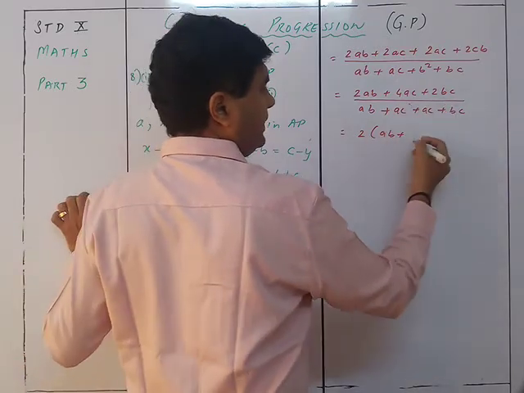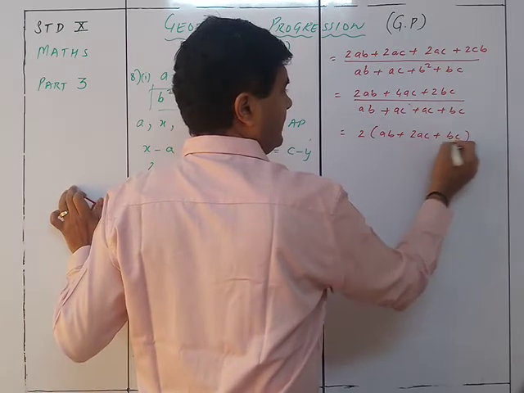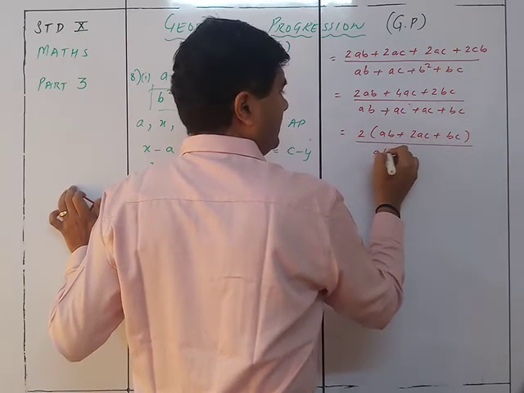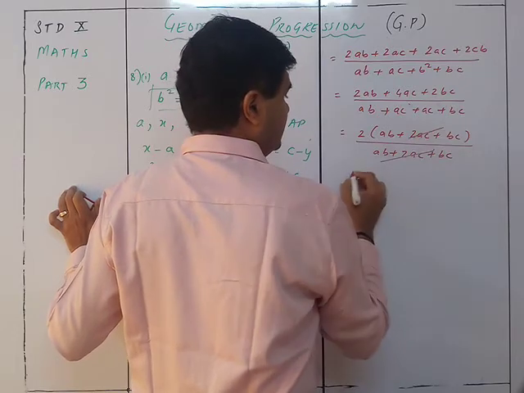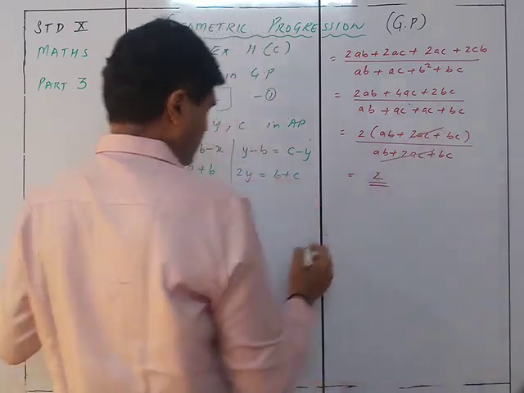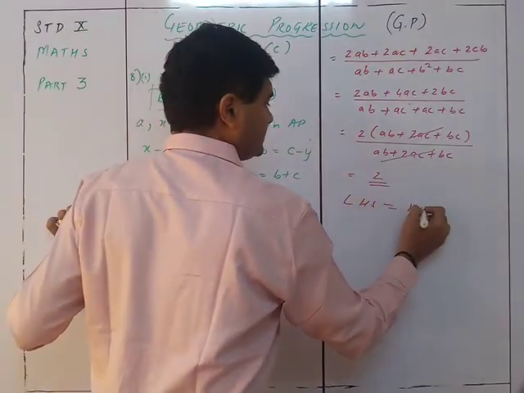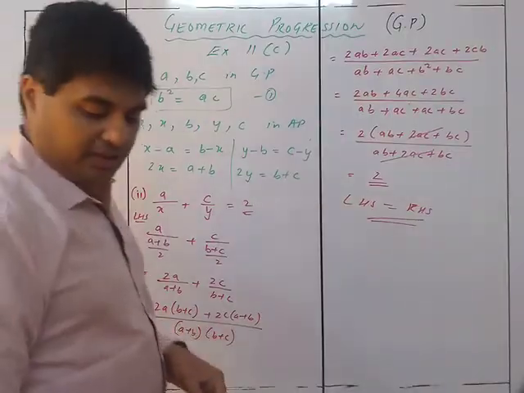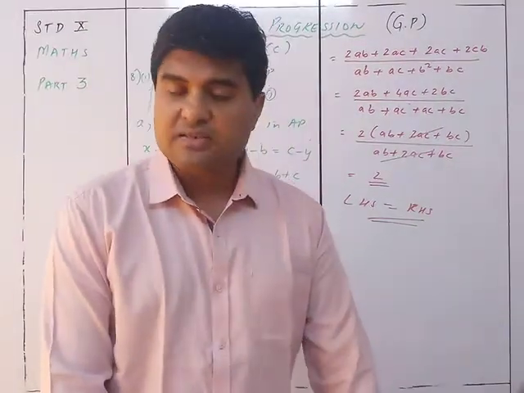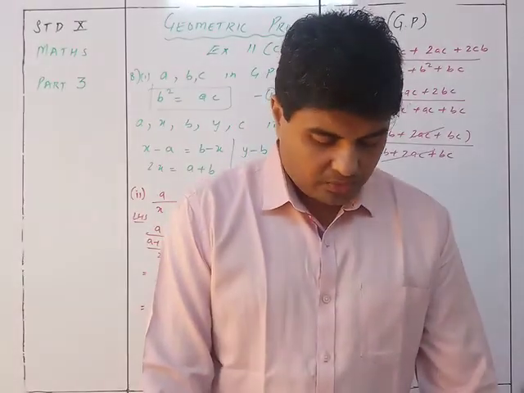So this is AB plus 2AC plus BC. Over here it is AB plus 2AC plus BC. So this gets cancelled. Accordingly, this is 2. That is what is required. So LHS is equals to RHS. So that was about the exercise 11C, quite an easy exercise, right?